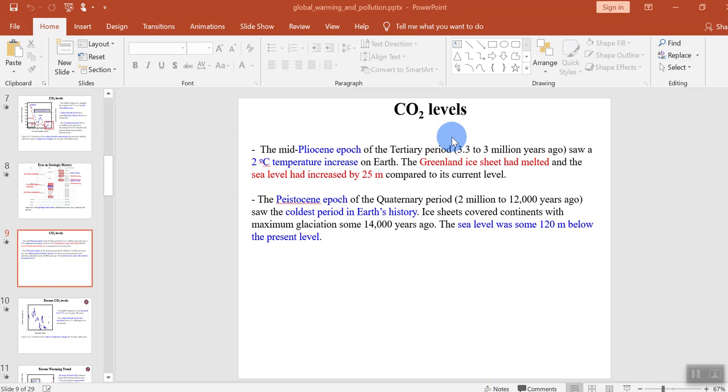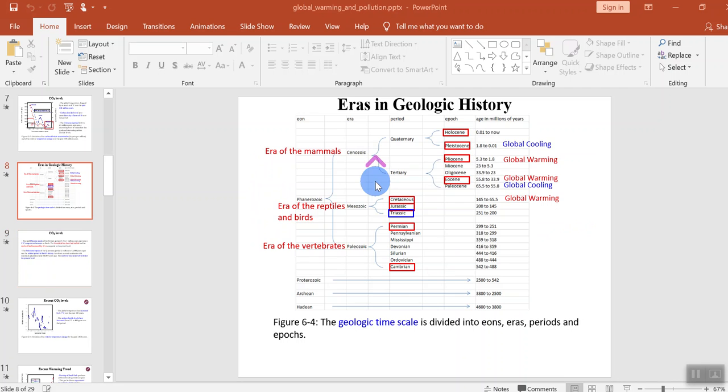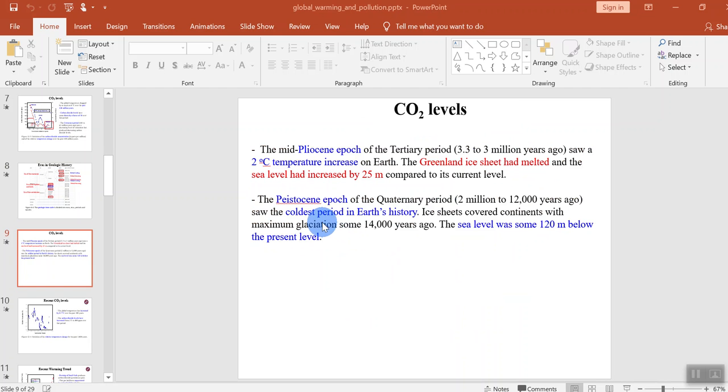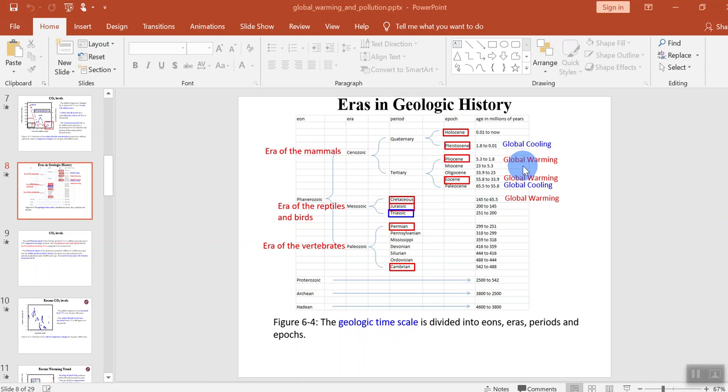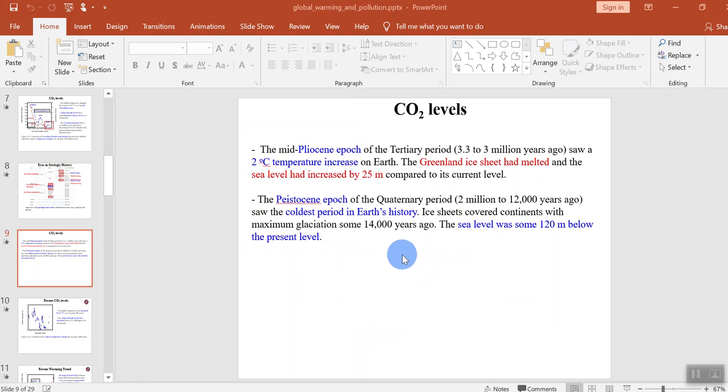So we said that the mid-Pliocene period, or tertiary period, that's 3.3 to 3 million years, had a 2 degree temperature increase on Earth. It's global warming. The Pleistocene epoch, 2 million years ago to 12,000 years ago, was a global cooling. That was a global warming, that's a global cooling.